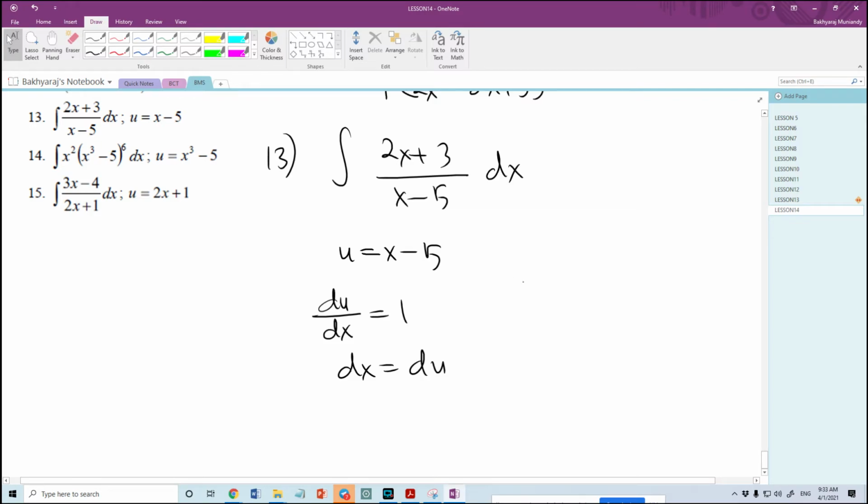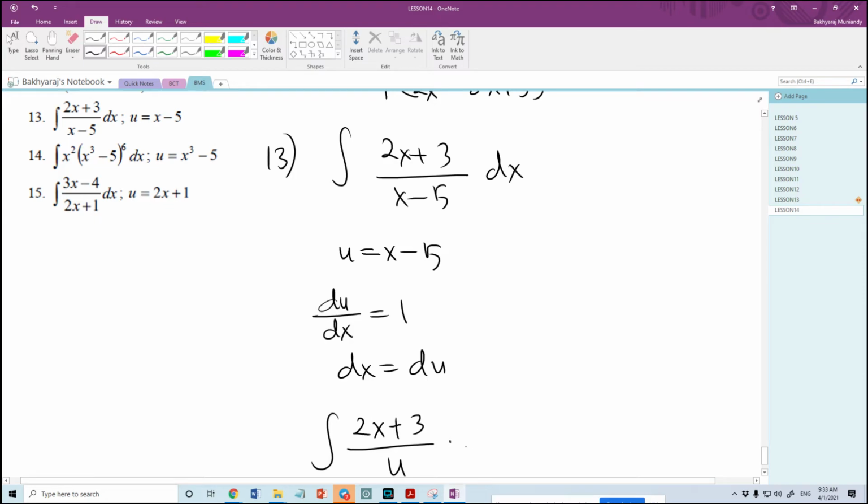So we'll get the integral of 2x plus 3 over u, and dx is just du, so there is no more manipulation here. Here you get just du.